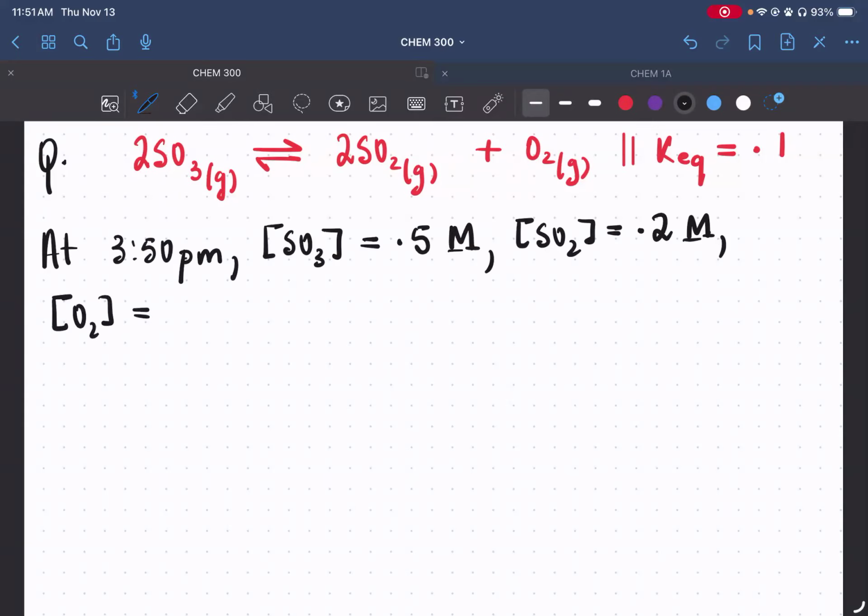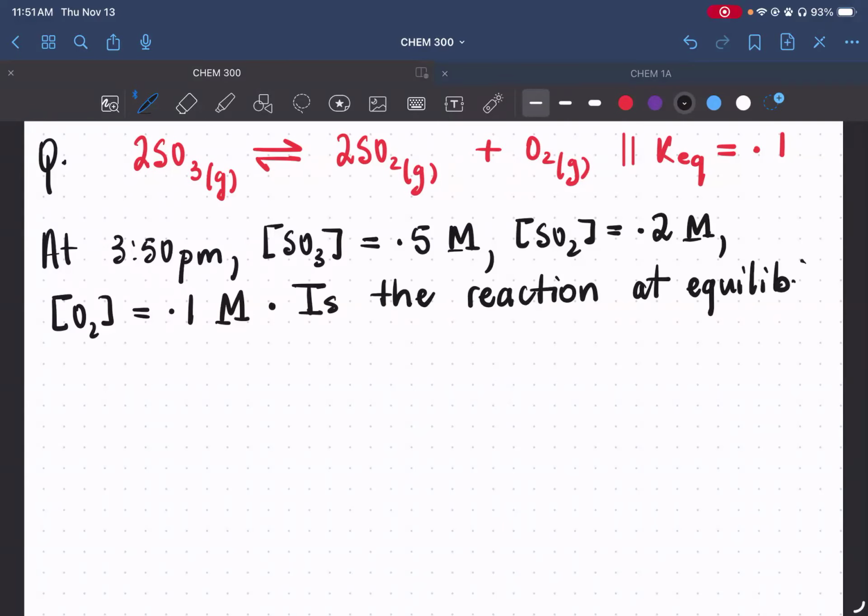And O2 is equal to 0.1 molarity. The question simply asks, is the reaction at equilibrium? I've just shortened equilibrium since I ran out of space. But is the reaction at equilibrium?